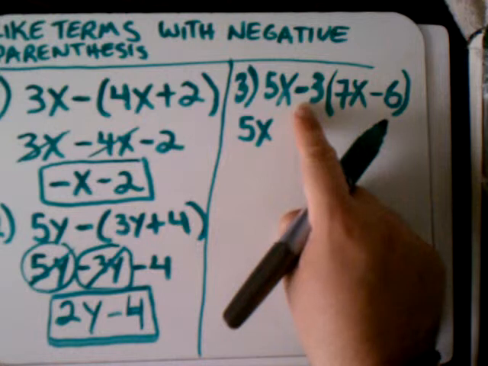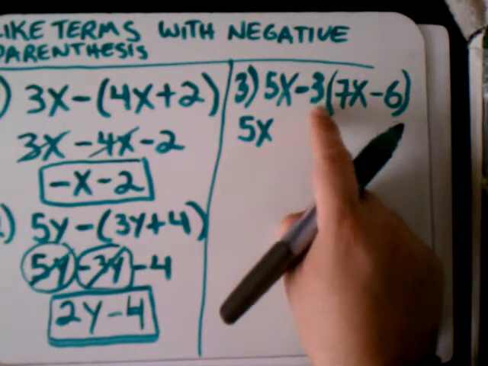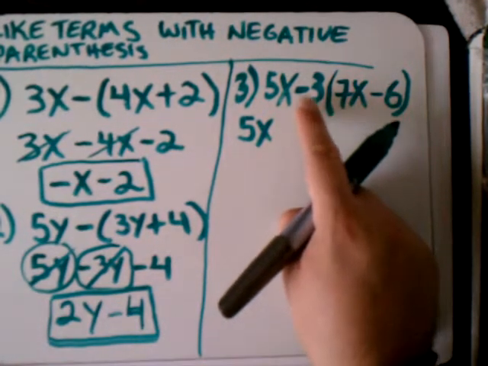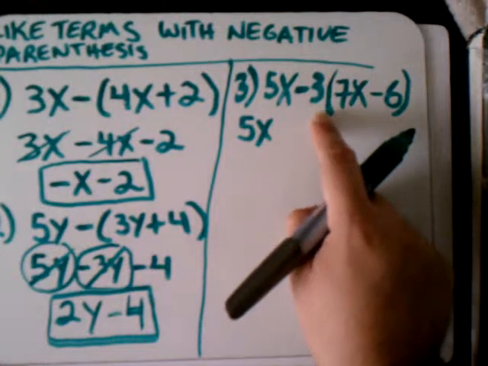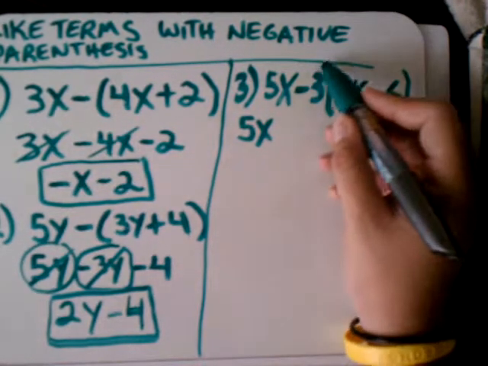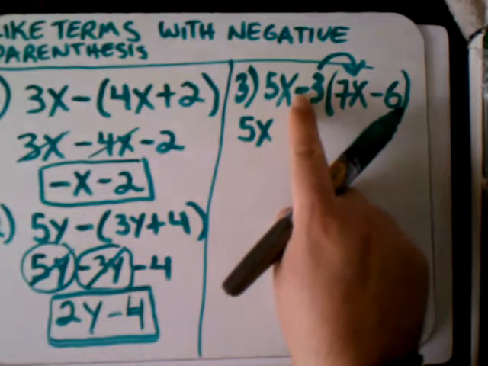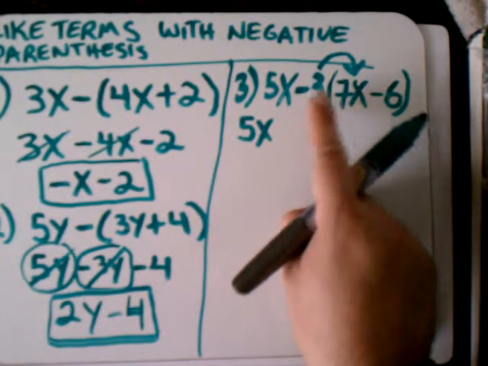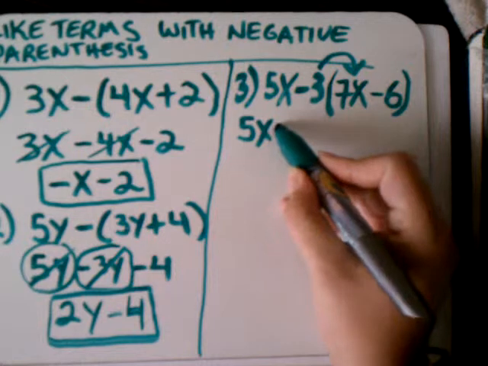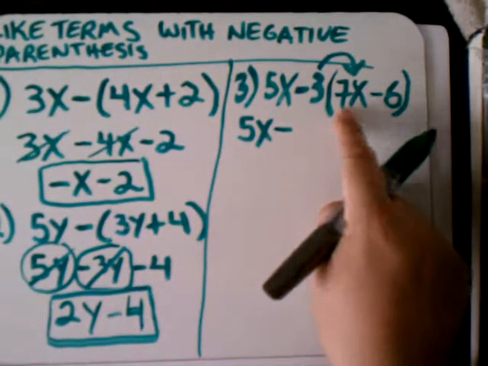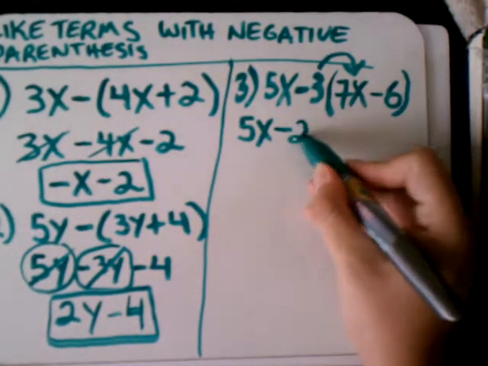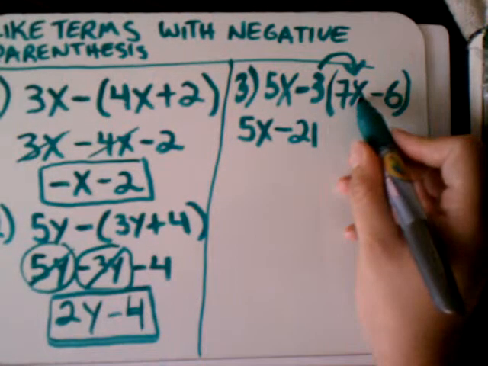Now, the difference between example 3 and the other ones is that you have a number in between the negative and the parenthesis. Again, you're supposed to multiply the outside times the inside. Of course, negative 3 times 7, negative times positive is going to be negative. 3 times 7, 21. Don't forget the x.